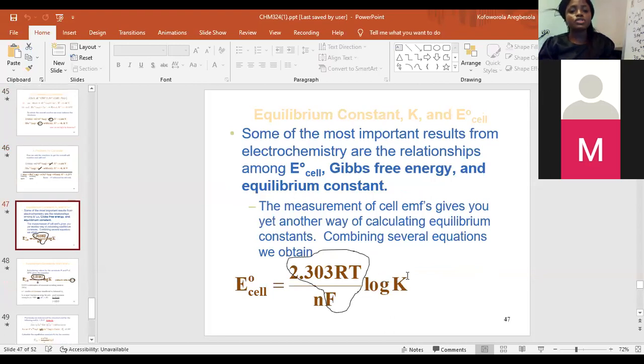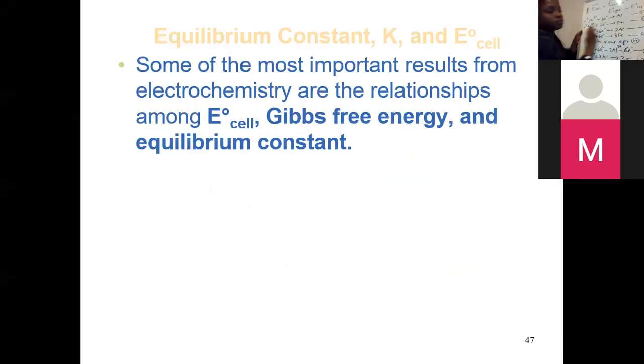It says some of the most important results from electrochemistry are the E naught cell, the equilibrium constant K, and delta G naught.